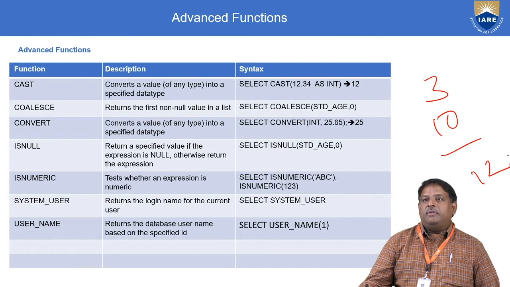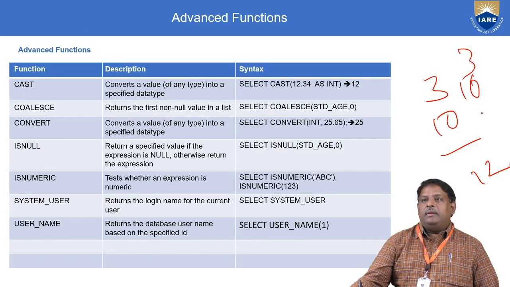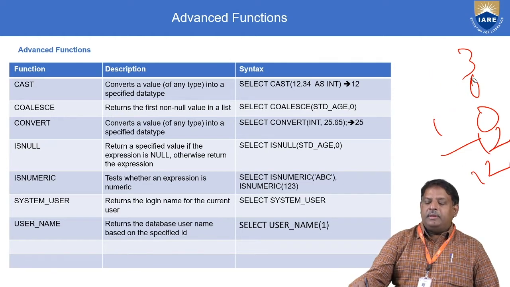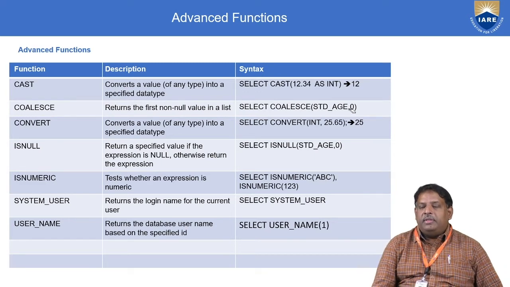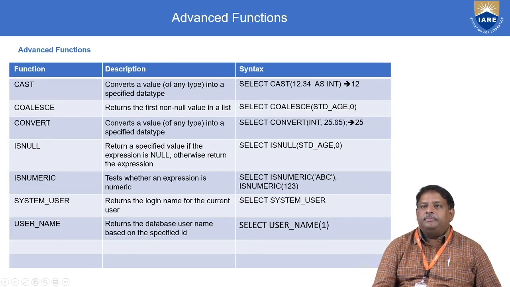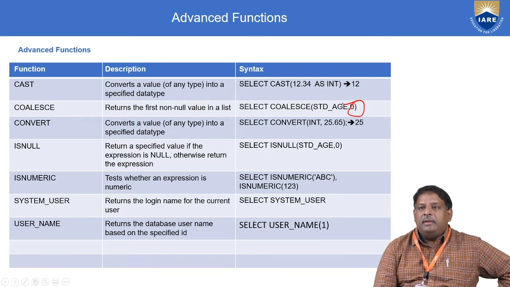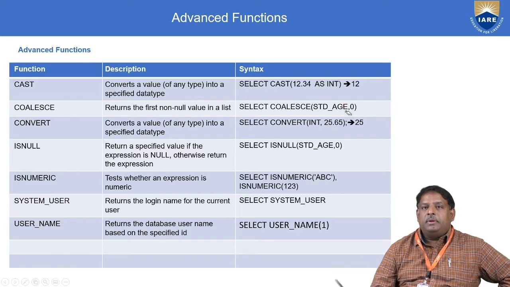When I say coalesce of std age, it will give me 3, 10, 0, 12. This null value will be converted to 0, as we have given 0 in the brackets. So whenever the age is null, it will be converted to a 0. This is the coalesce property.